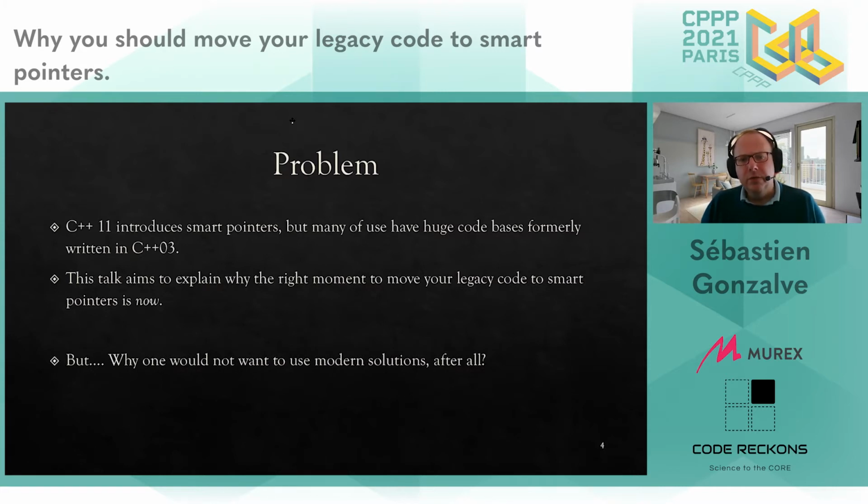In the end, the first question I was asking is, in fact, why is it so hard to move to smart pointers? Because it should be so normal to use them.